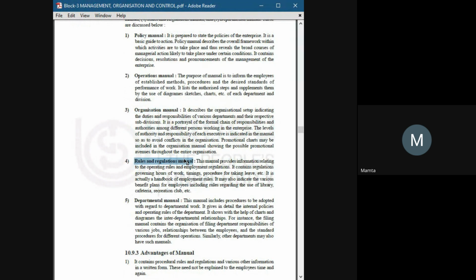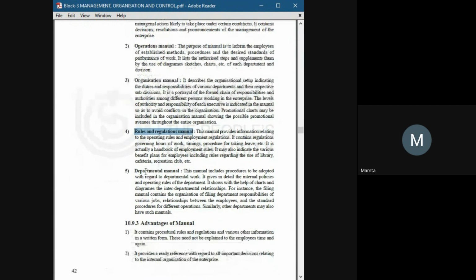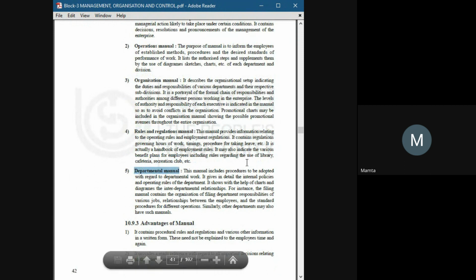If some companies don't include rules and regulations in the organizational manual, they create a separate rules and regulations manual for those. Departmental manual. Every activity performed in the department and how it is performed, everything is written about the department in the departmental manual.